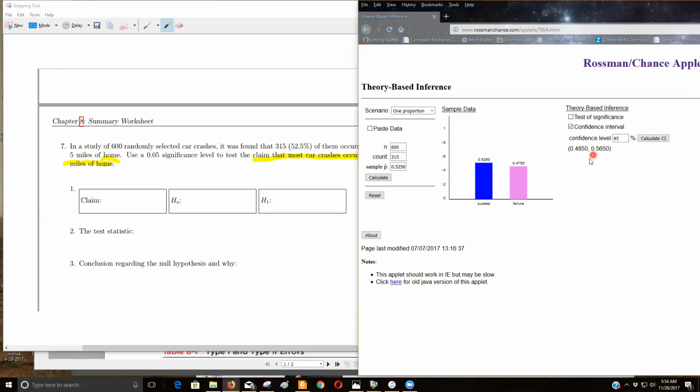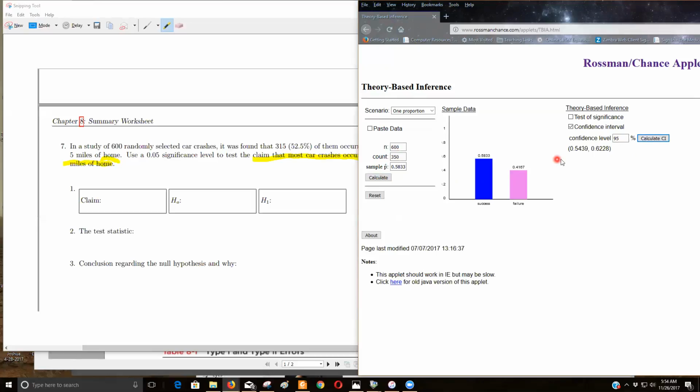It's entirely likely to go out and get a sample and have exactly half occur, or even less than half. So what if this confidence interval hadn't captured the 0.5 mark? What if I come back here and change this to, I don't know, 350? What does that do? Calculate.